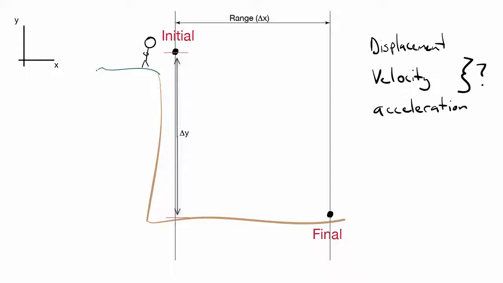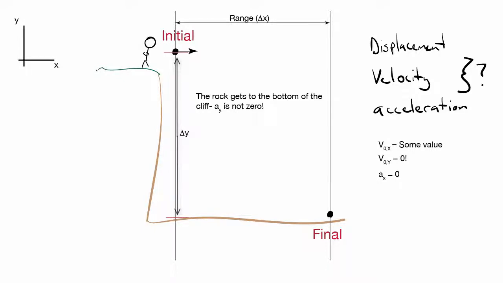Also, if you start by throwing the rock in the x direction, it must have some velocity in the x direction, otherwise it wouldn't be moving horizontally at all. But since its motion is initially only in the x direction, then at least at first, the rock's y velocity must be 0. Finally, if we ignore air resistance, then there's nothing causing the rock to speed up or slow down in the horizontal direction, so the x component of the acceleration must be 0.